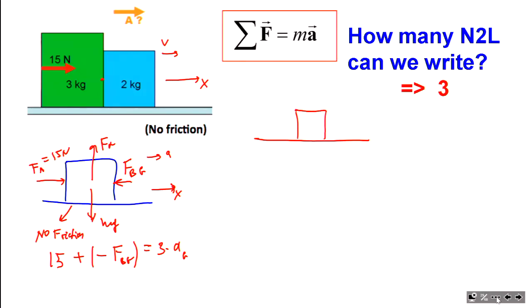Never give up, right? So the blue box also travels to the right, acceleration, and theoretically there's a force of gravity acting on it and normal force acting on it. But again, they cancel each other out. Only horizontal vectors are important, and no friction here again.